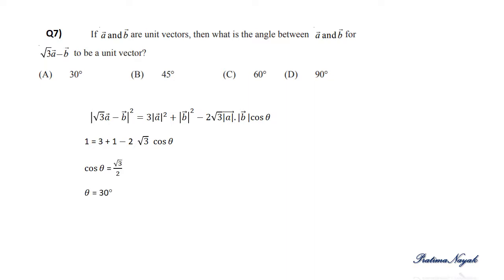So what we'll do, we'll take root 3 vector A minus vector B modulus square is equal to 3 mod A square plus modulus B square minus 2 into root 3 into mod A into mod B into cos theta. So 1 is equal to 3 plus 1 minus 2 root 3 cos theta, because A and B are both unit vectors. So from this, cos theta is equal to root 3 by 2, so theta is equal to 30 degree. So A is the answer.